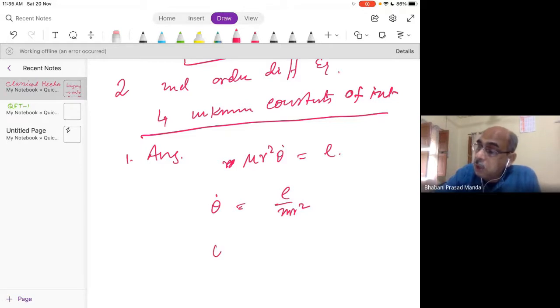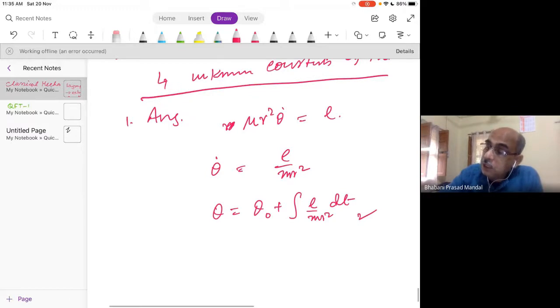So theta will be theta 0 plus the integral of L by mu r square dt, right? This is called the first integral. There are four integrals we need because there are four unknown constants. So this is the first integral.